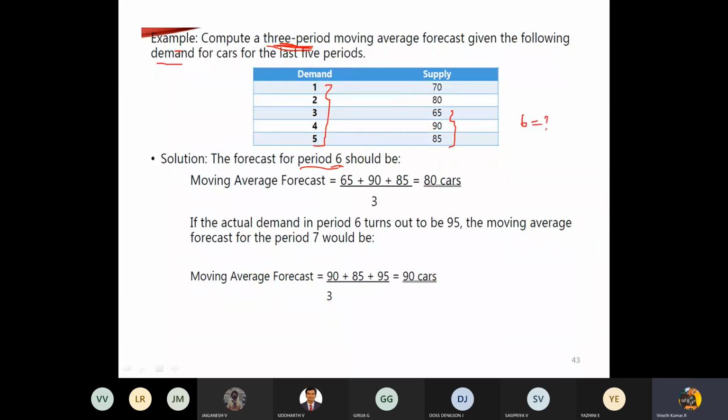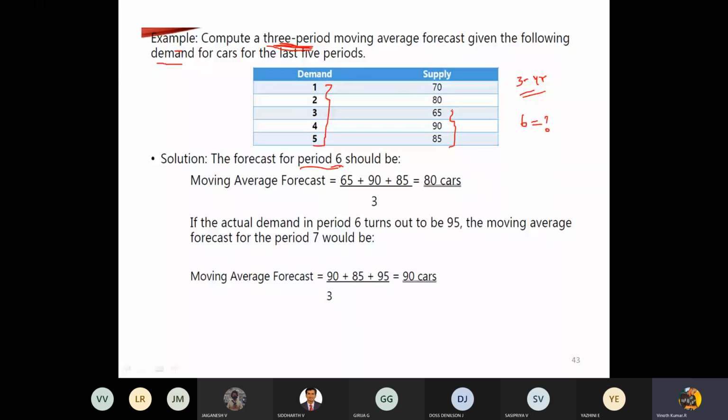So it is a 3-yearly moving average method. In the question they mention clearly it is a 3-period moving average forecasting, right? So you are going to compute with the help of a 3-period moving average method, taking the past three data points.